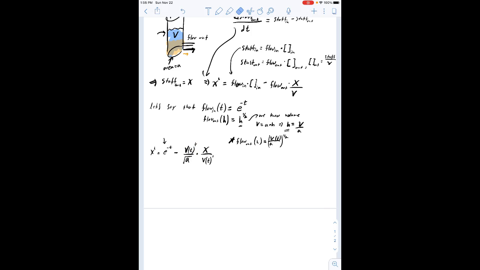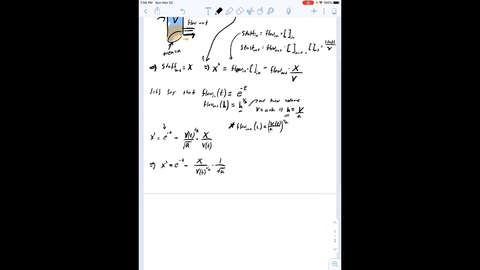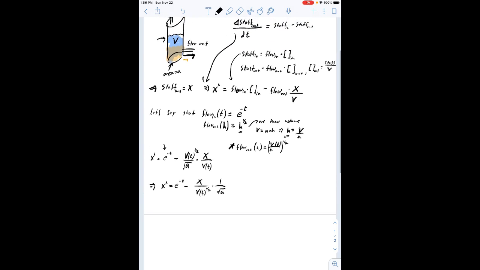I'm actually just going to write it in a different line. So then we get this minus V to the 1/2. So those two cancel out, and we get x all over V of t to the 1/2 times 1 over root A.